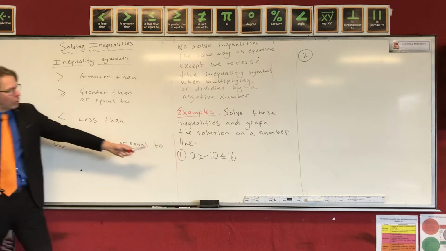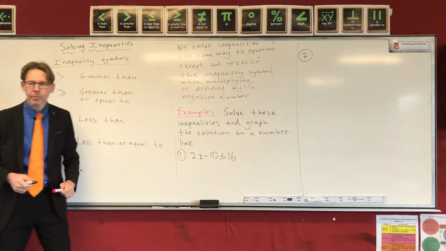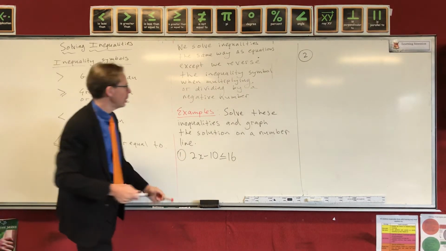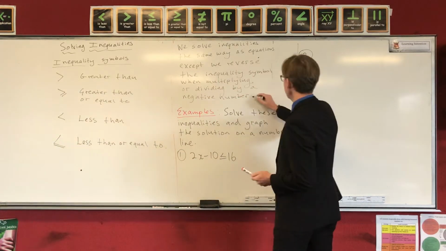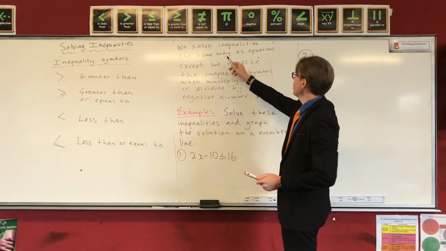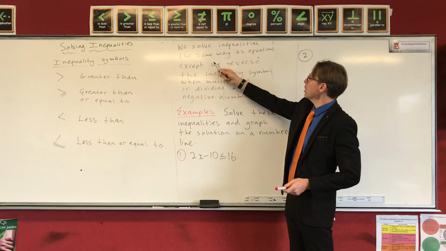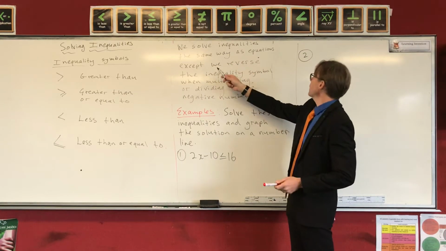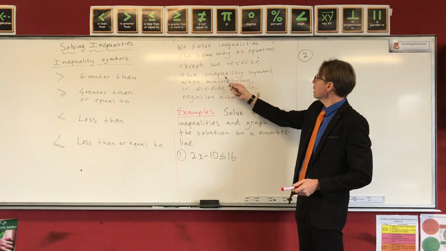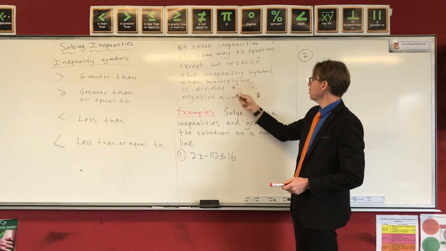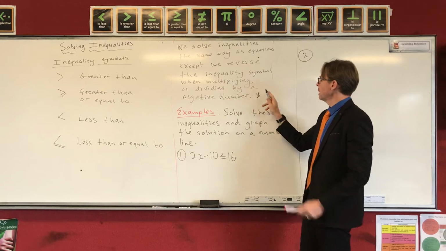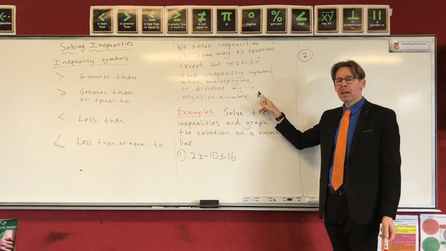Now, when we solve this sort of equation, we've got a few examples to do. There's something we've got to remember, and that is we solve inequalities the same way as equations, except we reverse the inequality symbols when multiplying or dividing by a negative number. Now, that will come into play in the later questions.